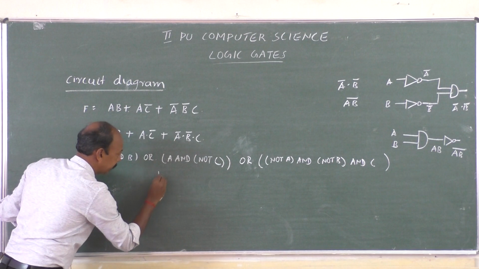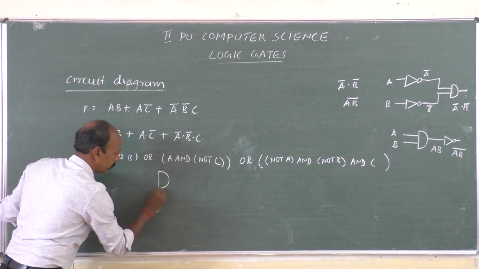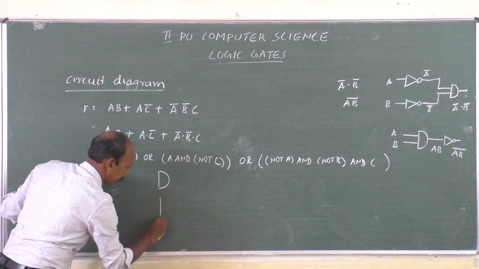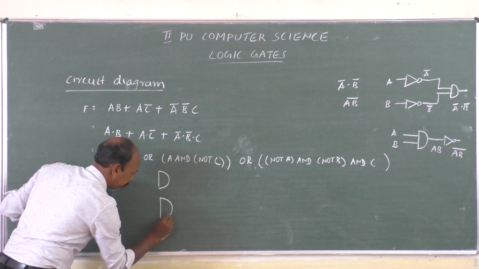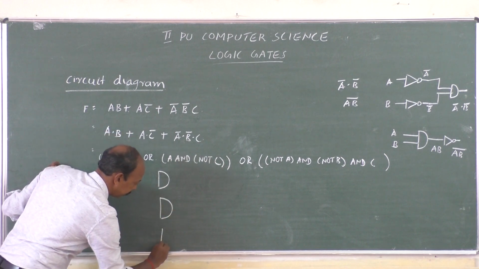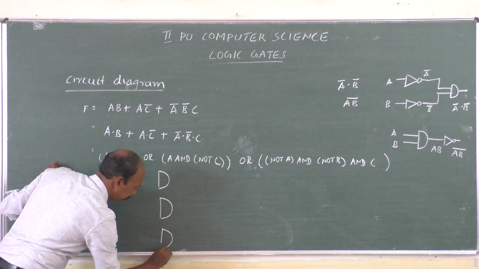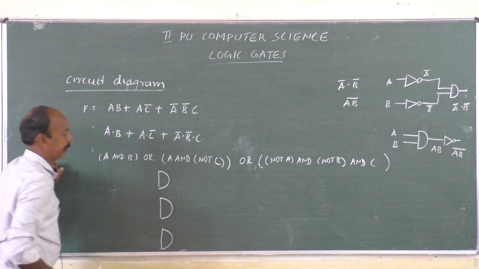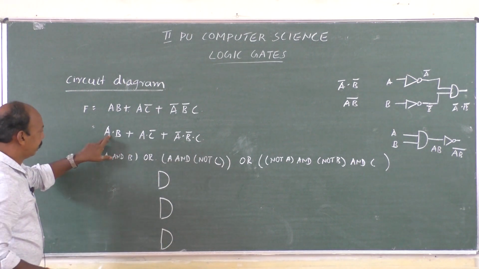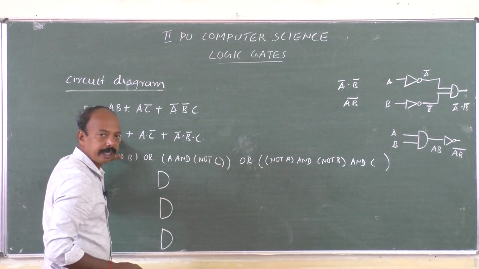So first, second, third, 3 AND gates we shall have. First AND gate, second AND gate, and third AND gate. First AND gate, which are the variables?